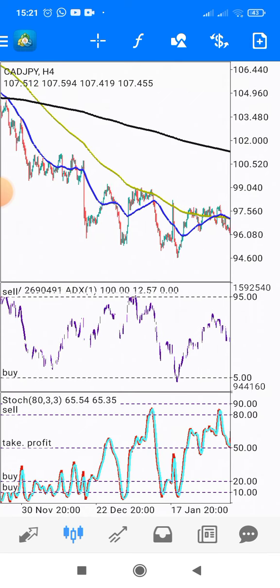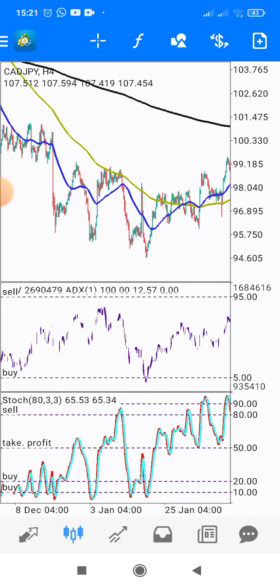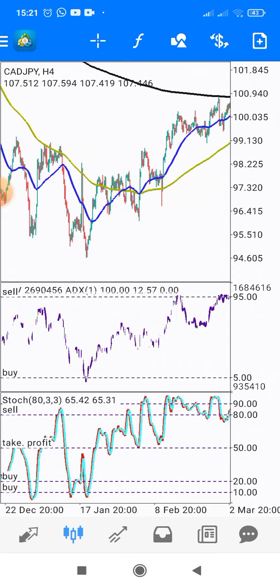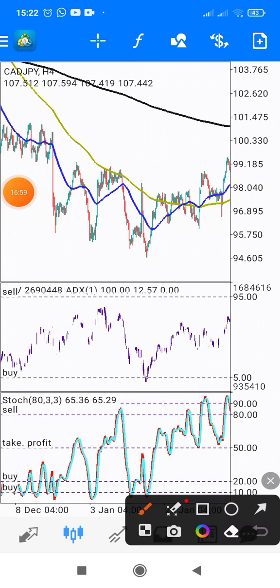So for the direction to change, then we go back and look at our stochastic. Where is our stochastic to give us the entry? Because now we are aware the market wants to change the direction. Then stochastic is able to tell us at which point of the market is where we can get the best entry.